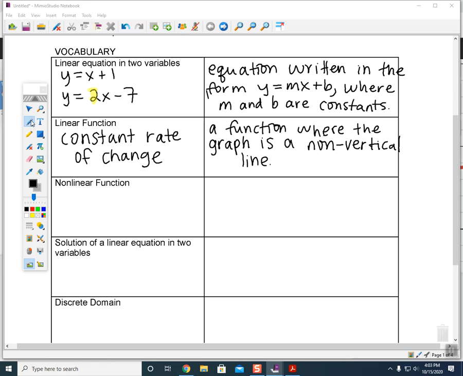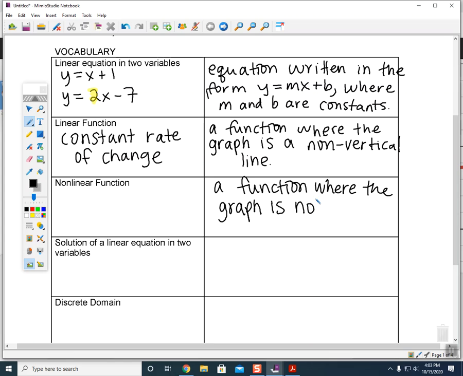So if this is a linear function, a non-linear function is pretty self-explanatory. It's a function where the graph is not a line.